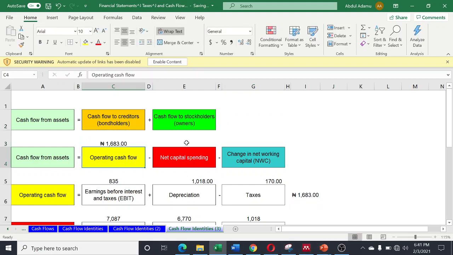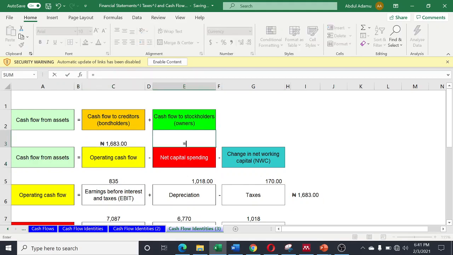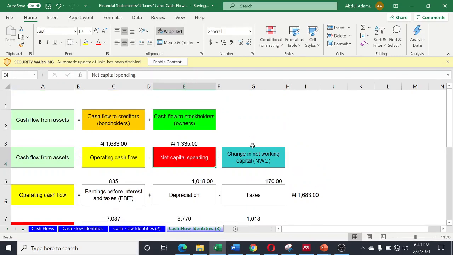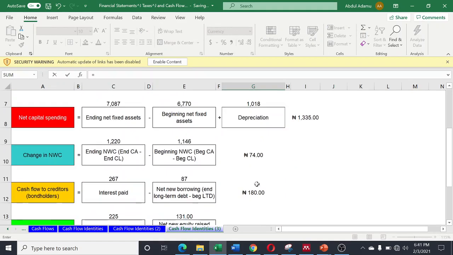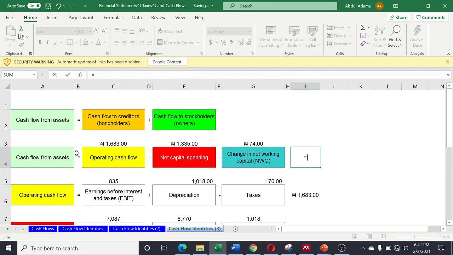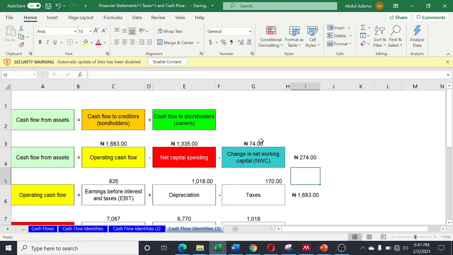The value for net capital spending we have calculated is equals to this value. And the value for change in net working capital, we have computed it, is equals to this. So therefore, our cash flow from assets is equals to this minus this minus this, is 274 naira.